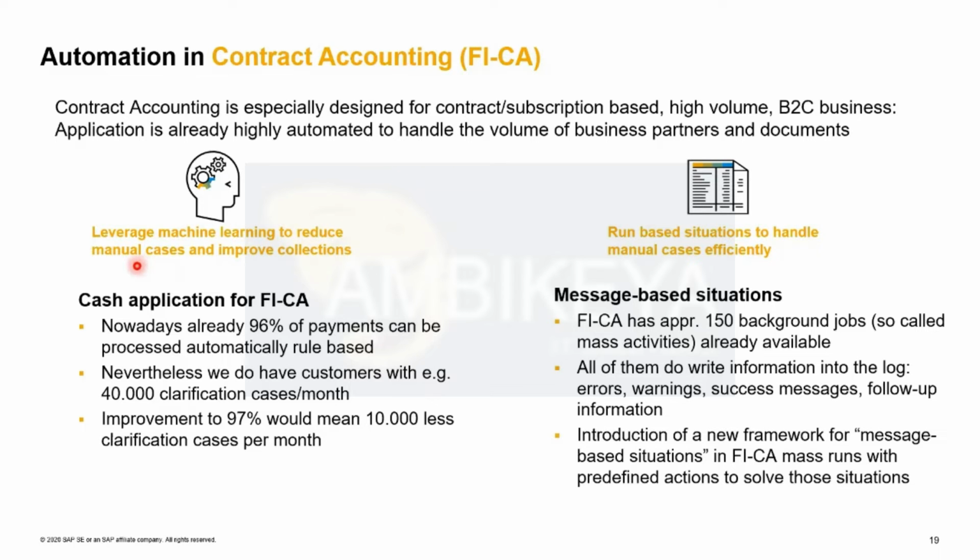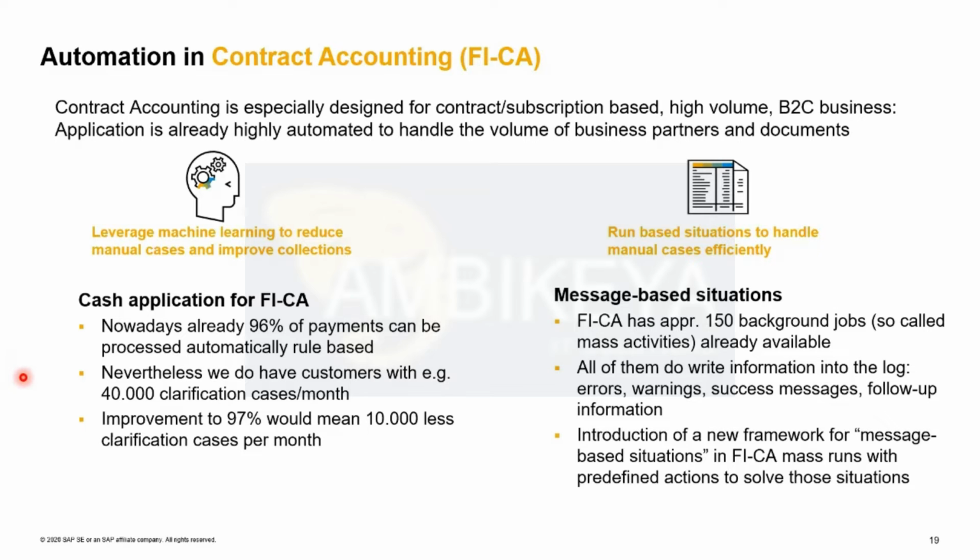The first one is cash application for FICA. So nowadays we have customers, the best ones have nearly 96% of their payments which can be processed automatically and unattended, so to say. The payments will find the necessary invoices which have to be cleared automatically by a rule-based approach.